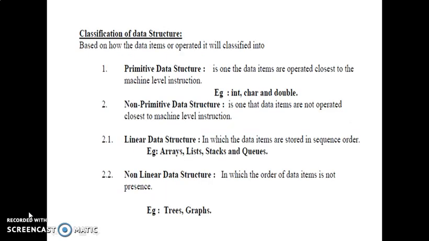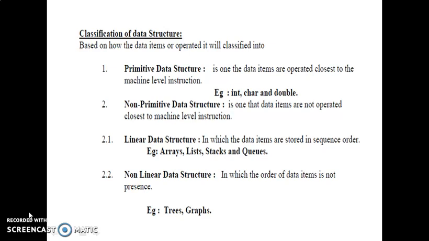Okay, fine. The classification of data structures. Based on how the data items are operated, we classify them. How to store and how to retrieve, based upon this we classify the data structure. Okay. So we have the primitive data structure and the non-primitive data structure. What is a primitive data structure?